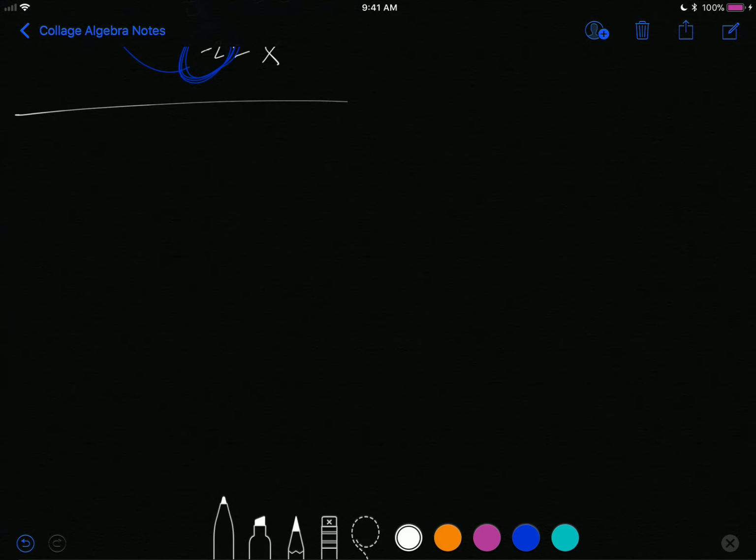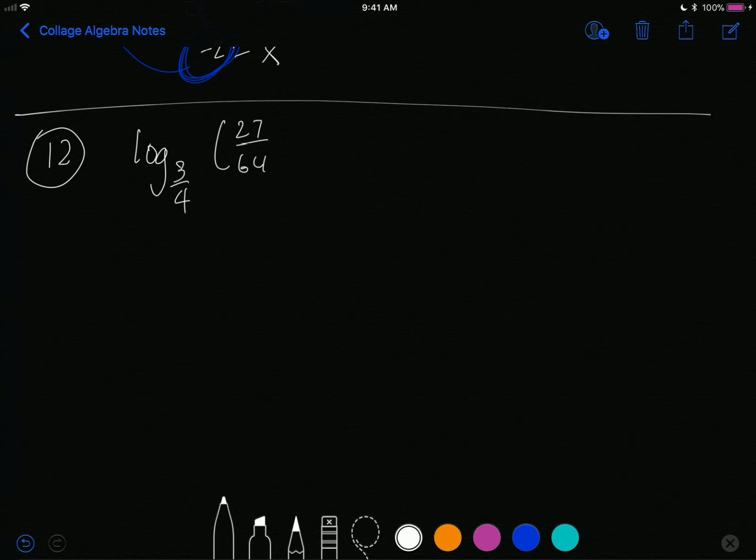Number 12. Let's say I have log base 3 over 4 of 27 over 64. That looks interesting. Well, 27 kind of goes to the 3 and the 4 kind of goes to 64. But I'm really still not sure what to do.